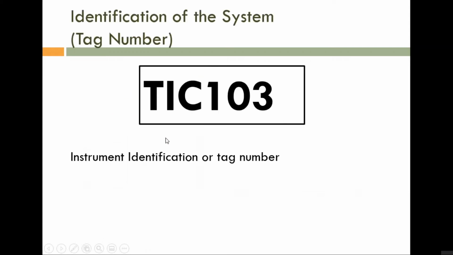So this one is an example of a tag number. Forget about this rectangular thing. TIC103, that one is the tag number. By using this tag number, we can identify the instrument. So please note down this tag number, TIC103.